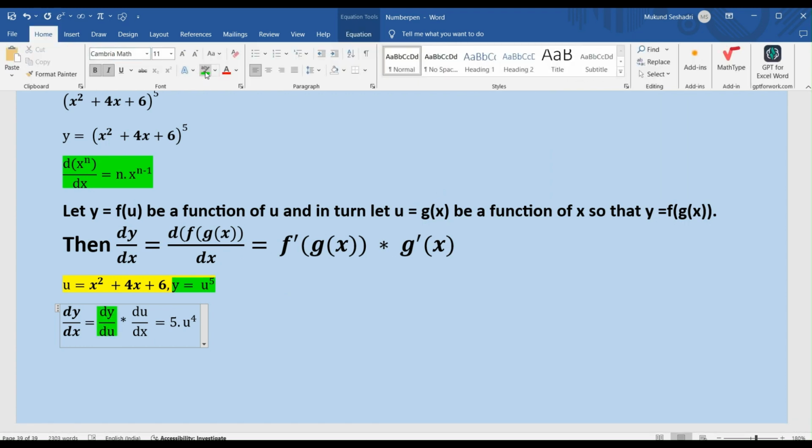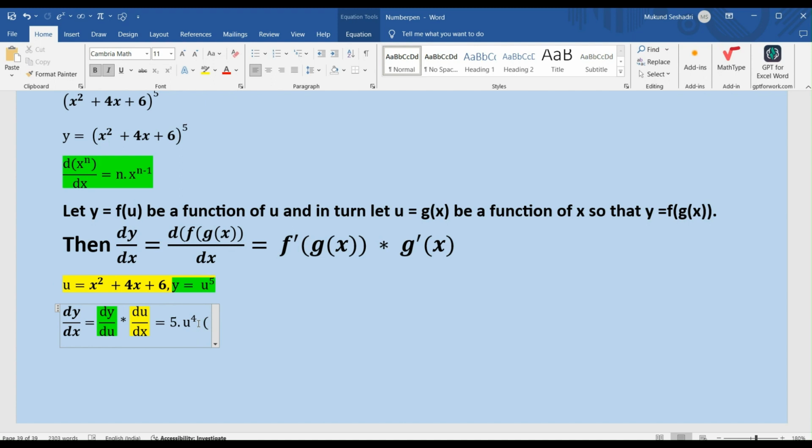And now I'm going to move on, and let me highlight this in yellow, which is my du by dx. So where do I get this du by dx from? Whatever you see in yellow is du by dx. And what is my du by dx? I apply the sum rule of differentiation.